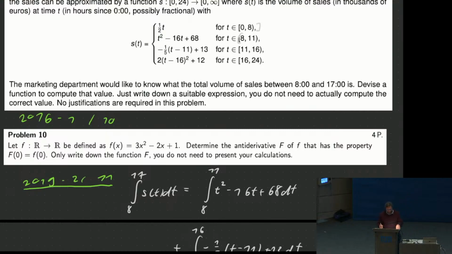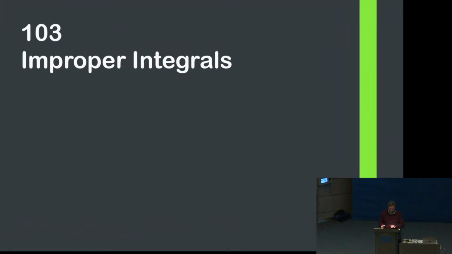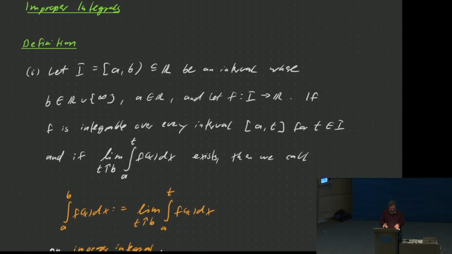Maybe let's just briefly complete that session by going over this last chapter here before we do more examples. Improper integrals, basically that's a pretty simple extension of what we learned.